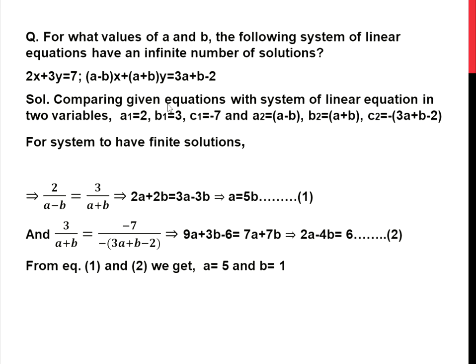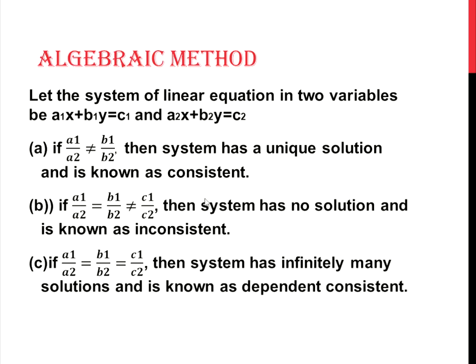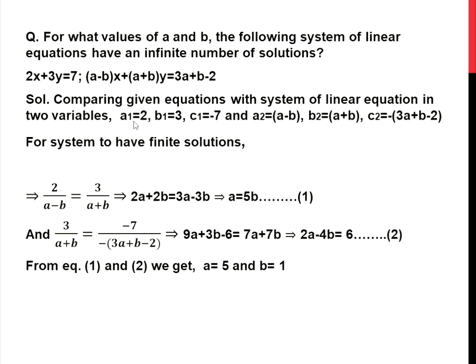First we compare the given equation with system of linear equation in two variables, that is a1x plus b1y equal to c1 and a2x plus b2y equal to c2. So we get values of a1, b1, c1 and a2, b2, c2.